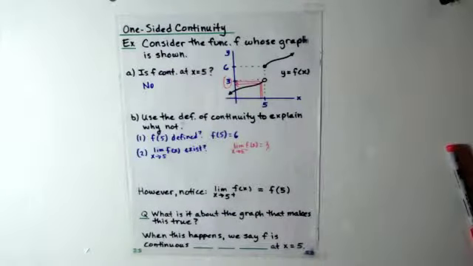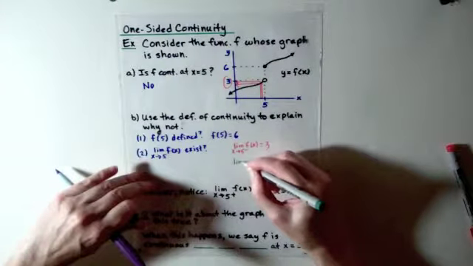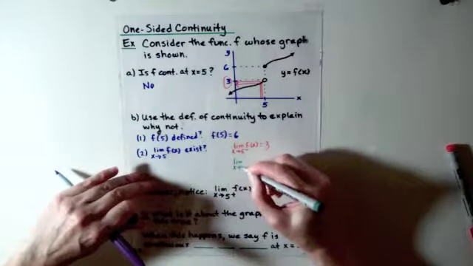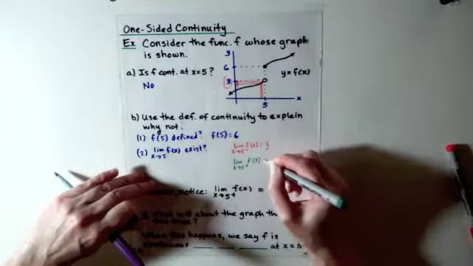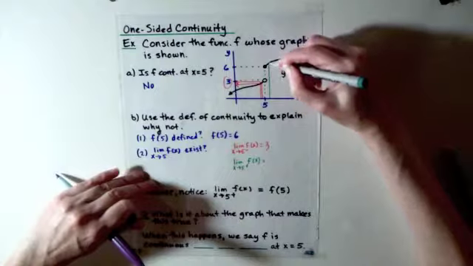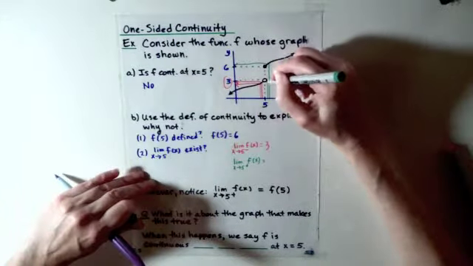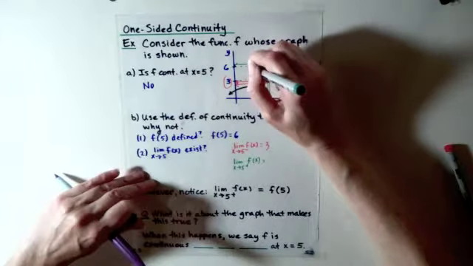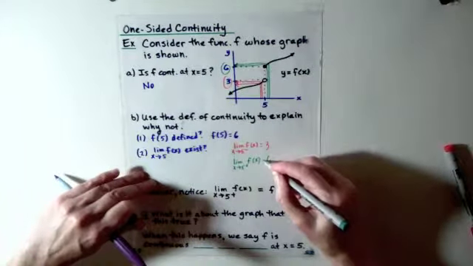If I look at the limit as x approaches 5 from the right, I'm wondering whether I get the same number. But when I approach 5 from the right, I have to go up to this chunk of the graph and over to the y-axis. And the closer I get to 5 from the right, the closer the outputs appear to be getting to 6, a completely different number.